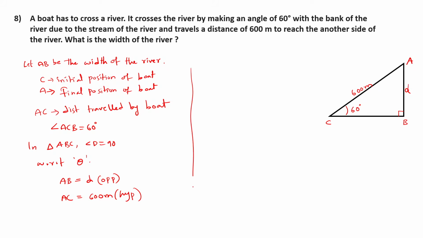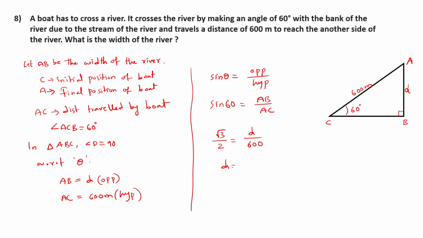So, opposite versus hypotenuse is nothing but sine theta. Sine theta is equal to opposite side by hypotenuse. Values are sine 60 is equal to opposite side AB and hypotenuse AC. Sine 60 value is root 3 by 2. AB we assumed as D, by AC is 600 meters.